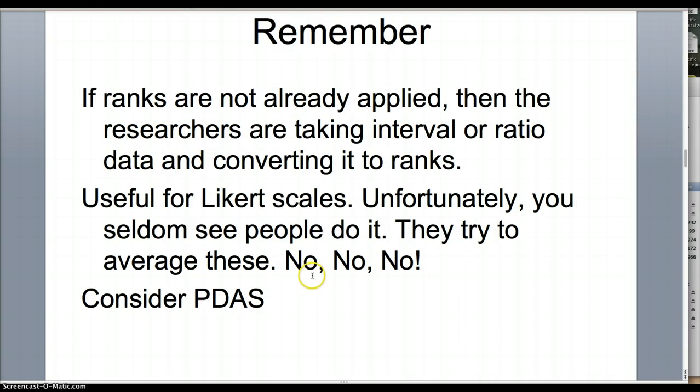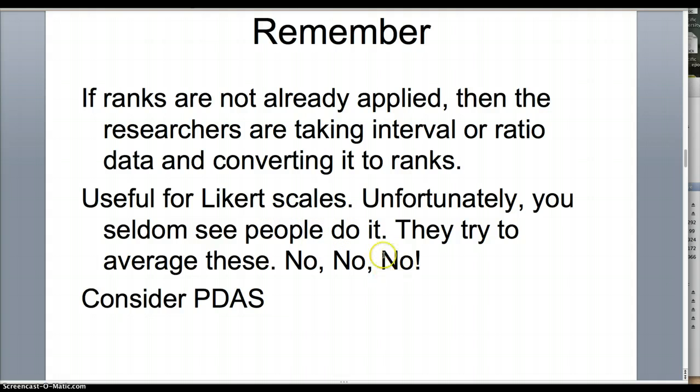If the ranks are not already applied, then the researchers are taking interval or ratio data and converting it to ranks, or the computer will do it for them. So that's one example. The other one is the Likert scales, the survey data.